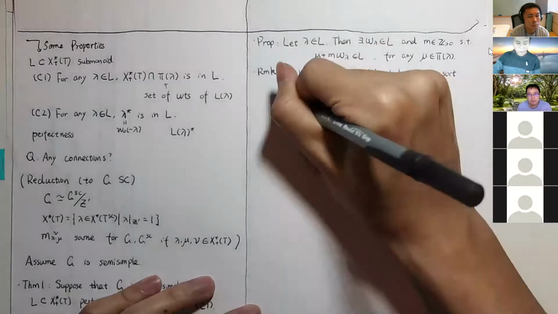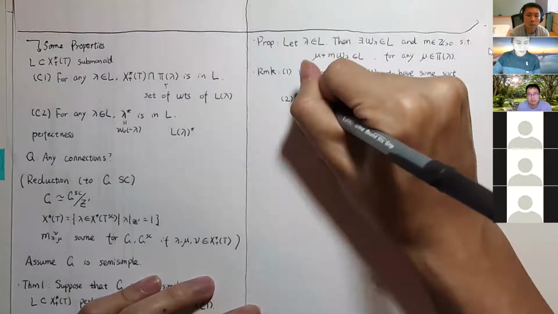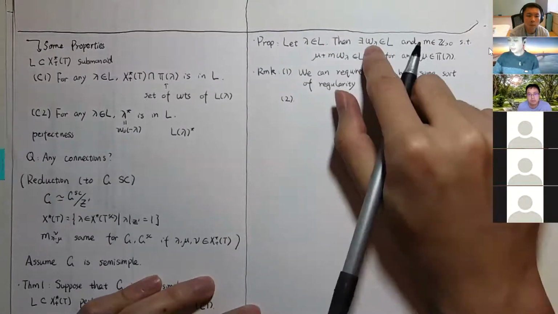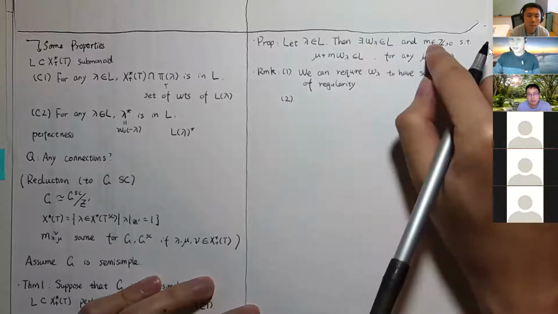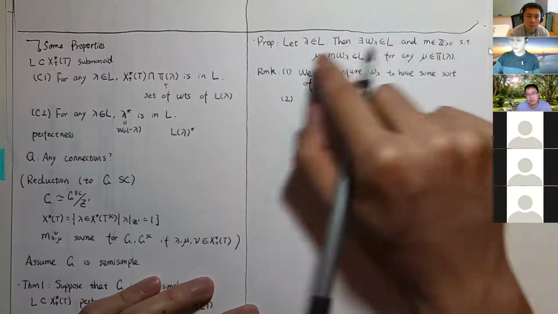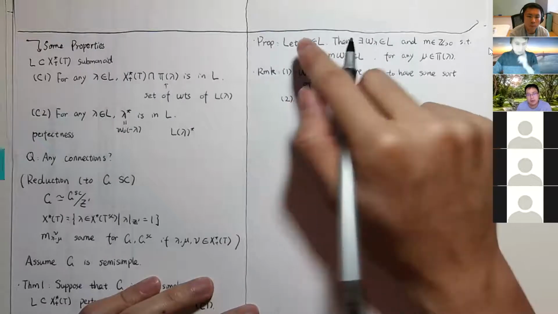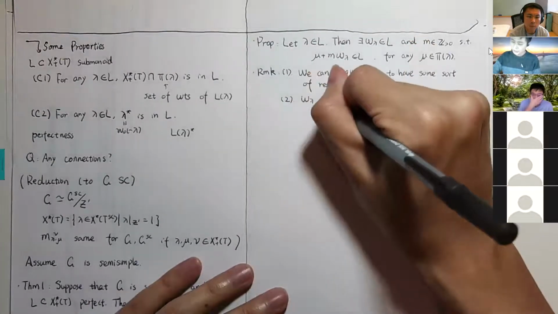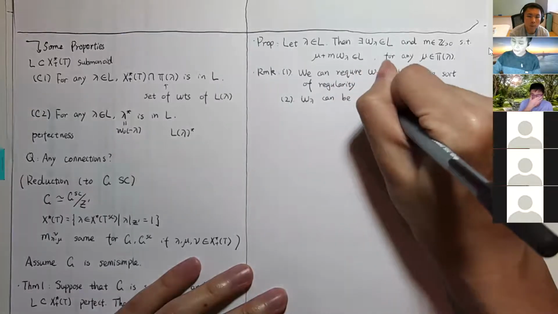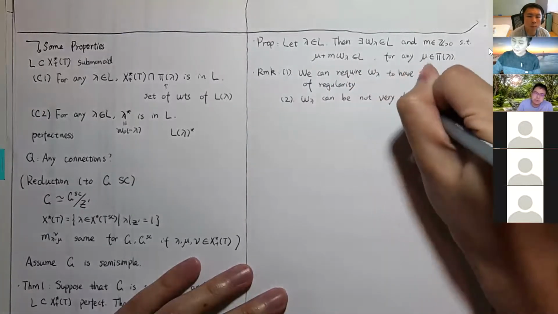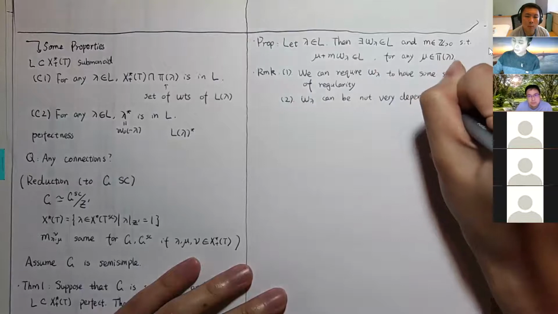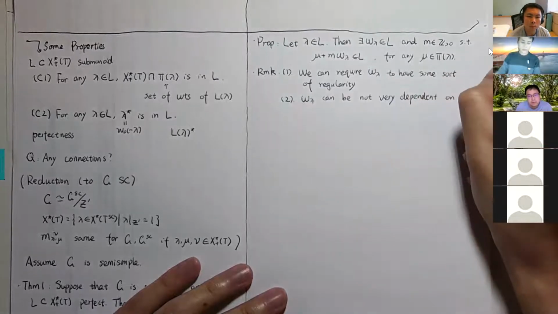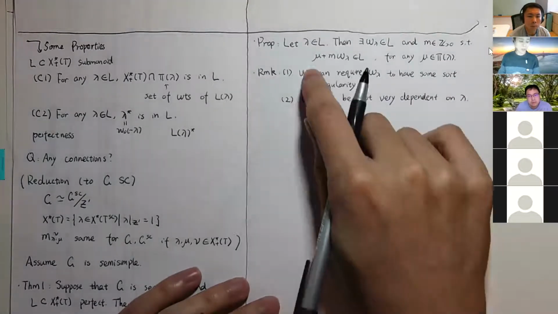And the second one is that we can notice that both omega lambda and m depend on this dominant weight lambda. But the thing is, actually this omega lambda can be not very dependent on lambda. Okay, so I'll explain these two remarks now.